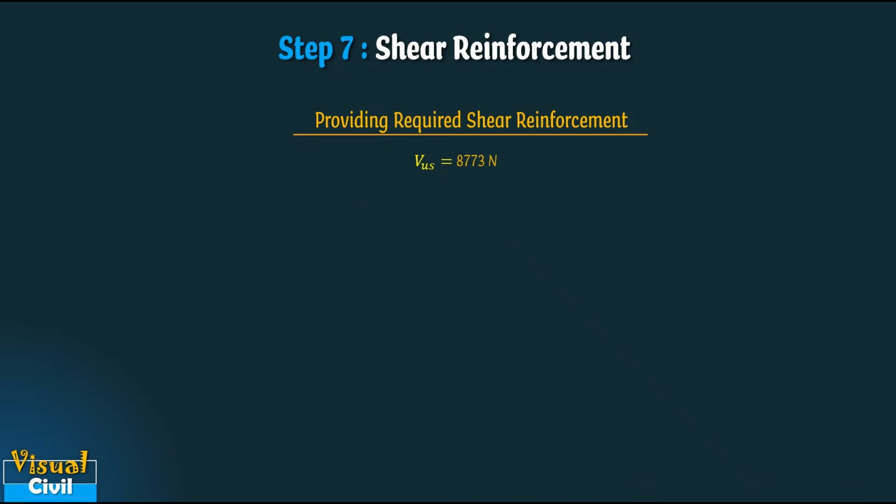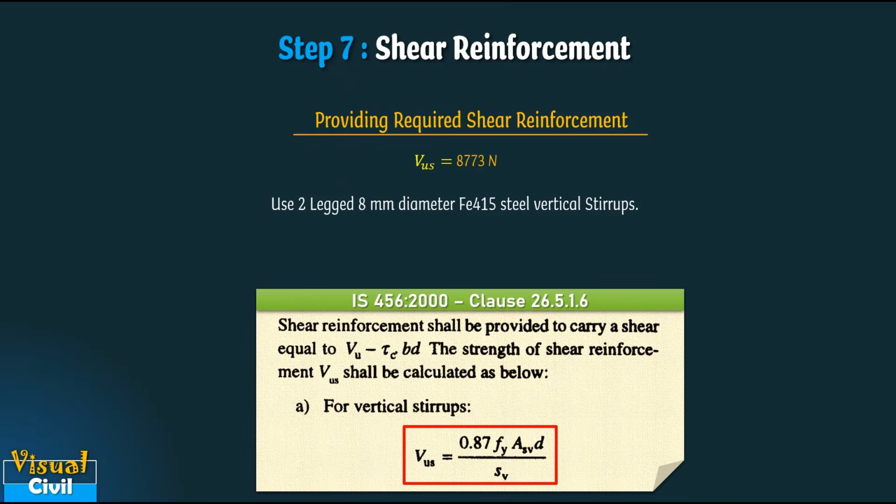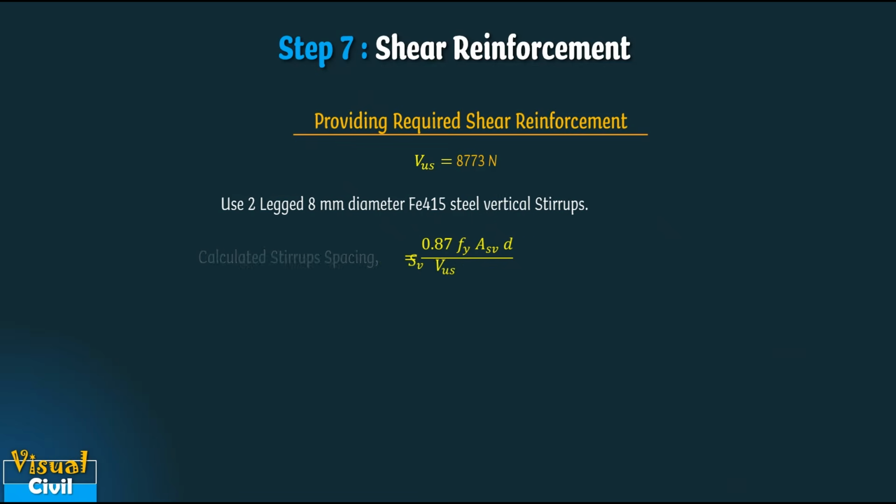Let us use two-legged 8 mm diameter vertical stirrups. The spacing of the stirrups can be calculated by referring equation given in clause 26.5.1.6 for vertical stirrups. Rearrange this equation to get the stirrup spacing.